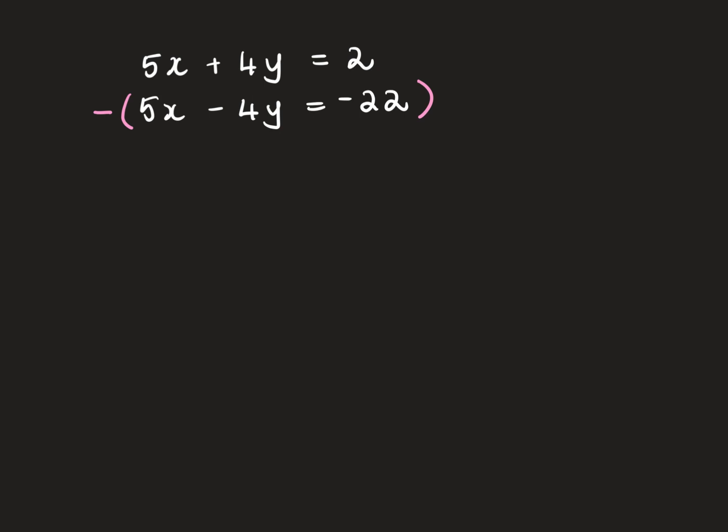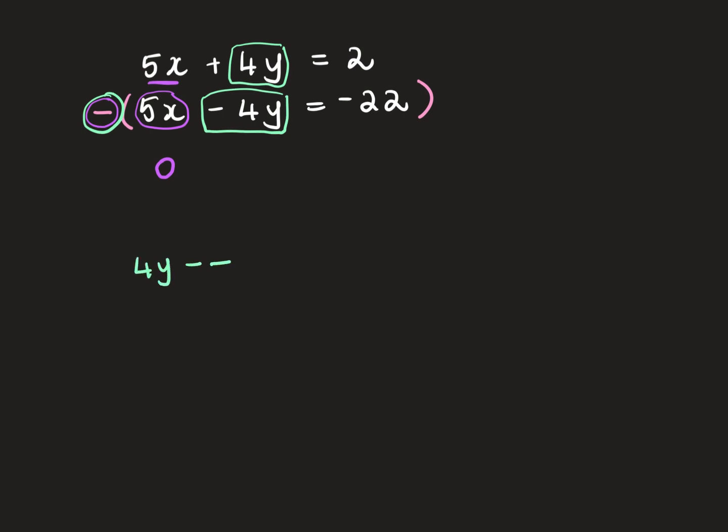Well, I've got 5x minus 5x. 5x minus 5x is 0x. You see that way? I just eliminated the x's. Next, we've got 4y minus -4y.